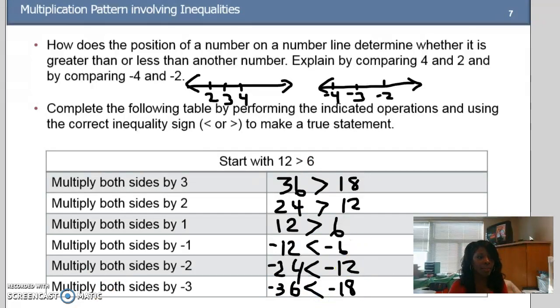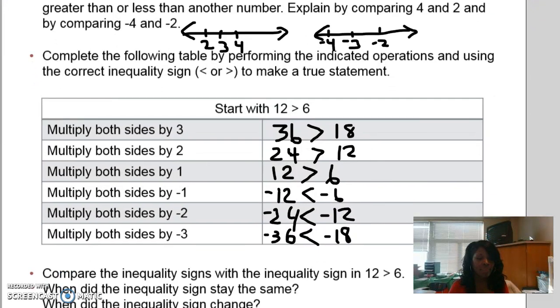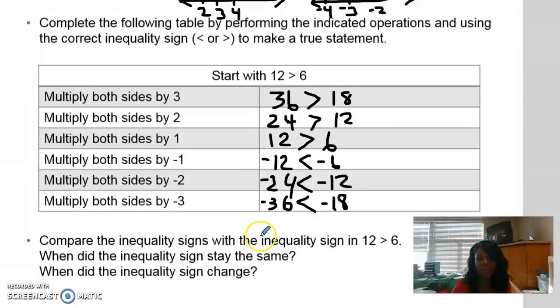Okay, let's go down. When we compare the inequality signs with the inequality sign in 12 is greater than 6, when did the inequality sign stay the same? Well, it stayed the same when we were multiplying both sides by 3. 3 times 12 is greater than 3 times 6.